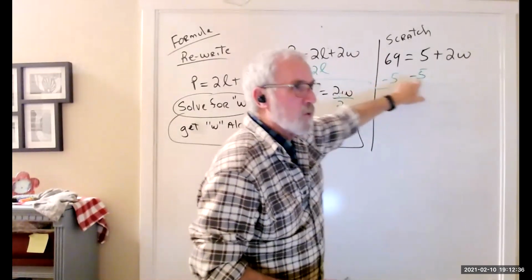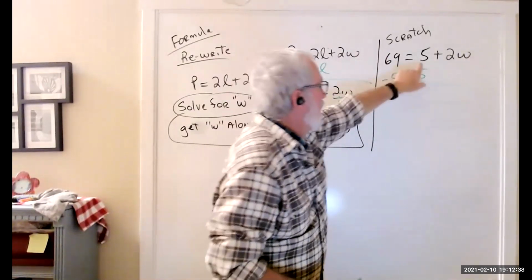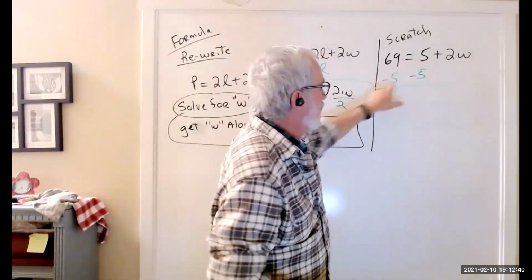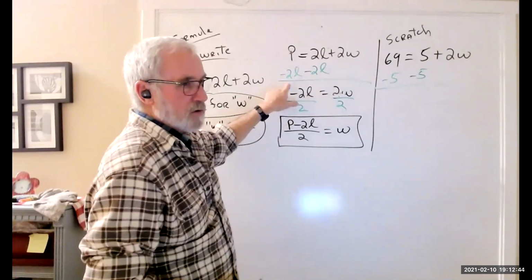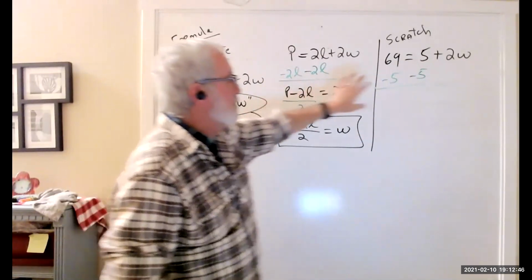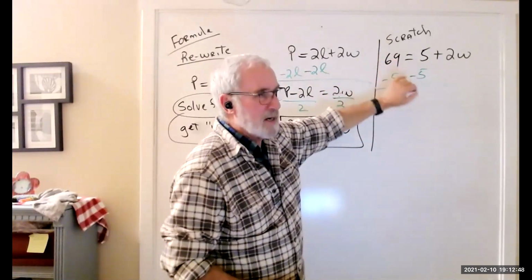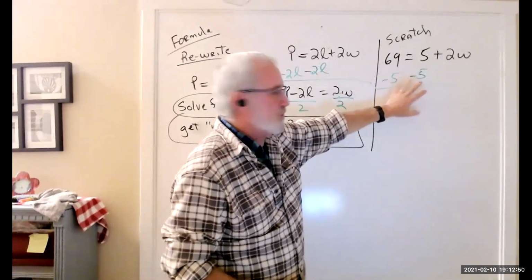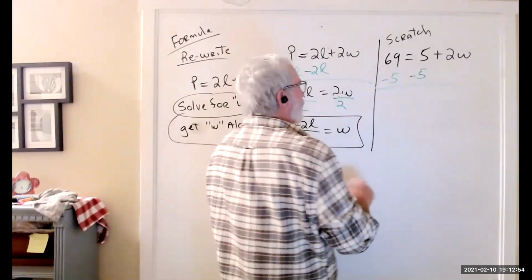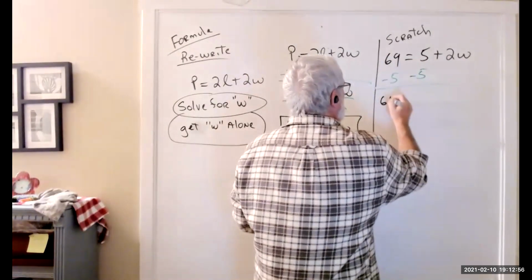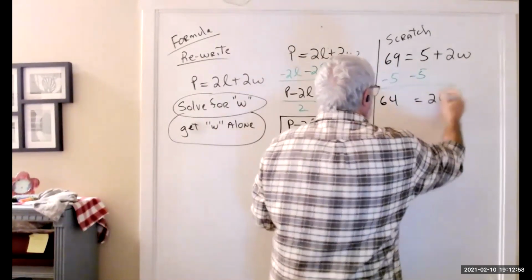This tells me, what do I do? This helps me to see, oh, I'll take this away from both sides. So over here, I took it away from both sides. So this made up problem is acting as my guide. It's giving me hints what to do. All right. So this is 69 take away 5 is 64 equals 2W.